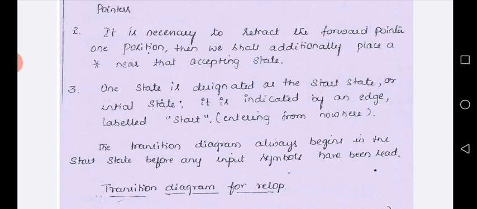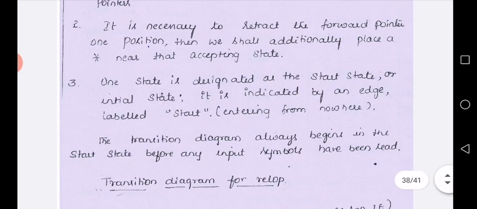Now I am just taking an example. Consider that a lexeme is occupying a total of 3 different locations of the buffer. Then your forward pointer will be pointing to the 4th location.